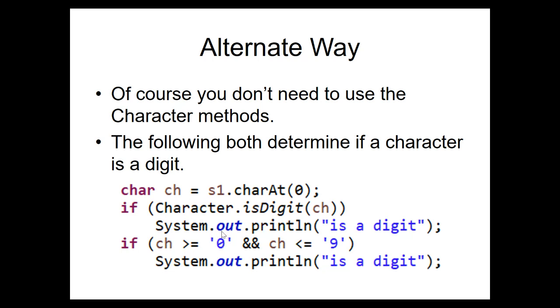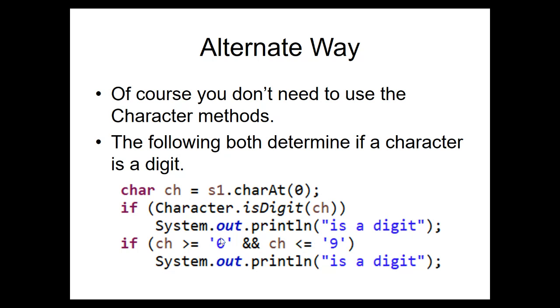So if it's greater than the character 0, and at the same time less than or equal to the character for the digit 9, that means it must be a numerical digit, because it's between those two things on the ASCII table. So you could consider it to be a digit.